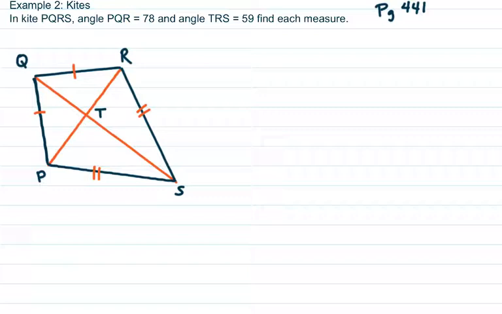So we'll find that. So PQR, so this is 78 degrees. And then the measure of angle TRS, so this angle is 59 degrees.